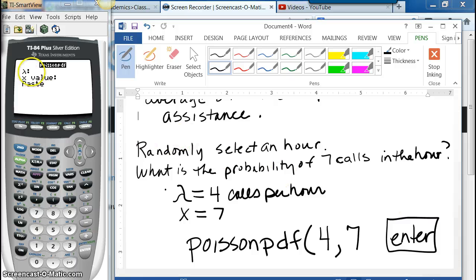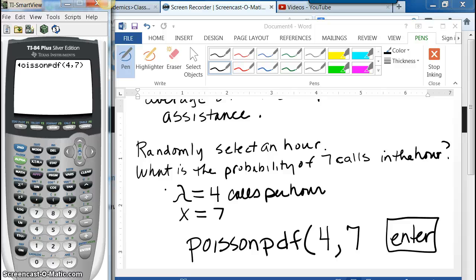For those of you who have a calculator that looks like mine, you put the lambda right here. So I'm going to type the 4 in. You come down, click down 1, put the 7 in, click down to the word paste and enter, and then you'll have to enter one more time. At this stage, those of you who have a screen that looks like this should look exactly like this.